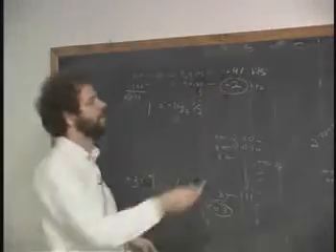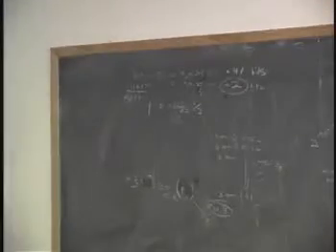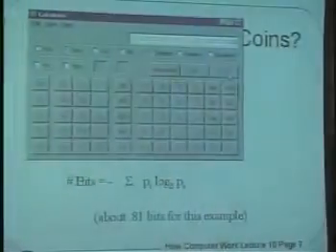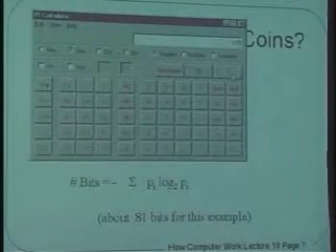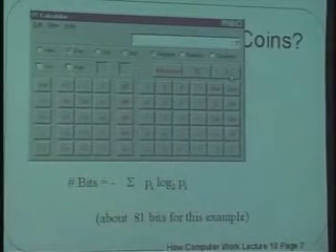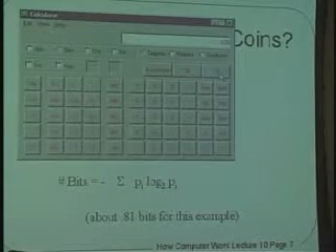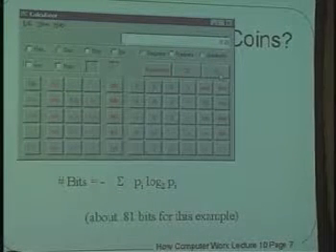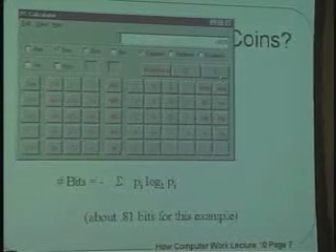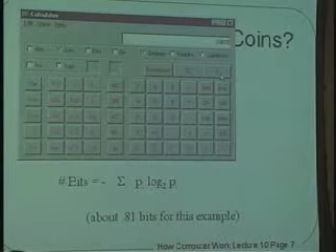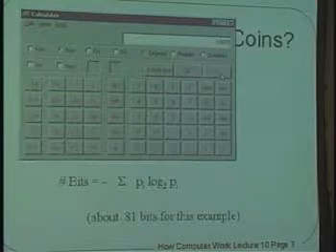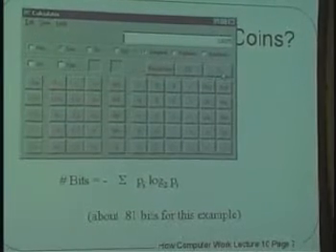Okay? So what you get when you take the weighted average of these two things, 0.75 times 0.41 plus 0.25 times 2 equals 0.8075, or 0.81 bits. Yes, and that is exactly what we just did down here.